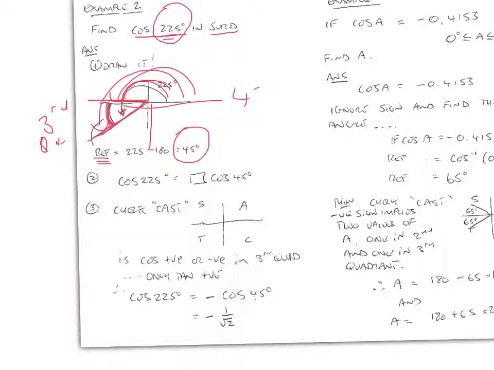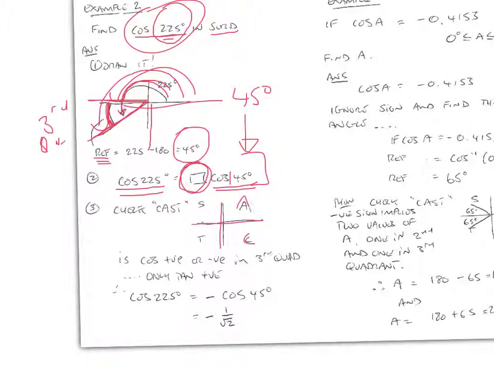That's 45 degrees. Okay. Now we equate what we're asked, our cos 225 equal to some sign we need to find. We'll leave a box there for that. Cos of 45. Cos of our reference angle. Okay. We need to see where we stand with this sign. So we draw our CAST. We look for where our angle is.